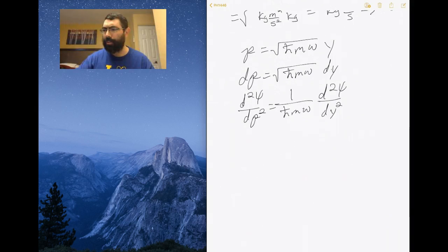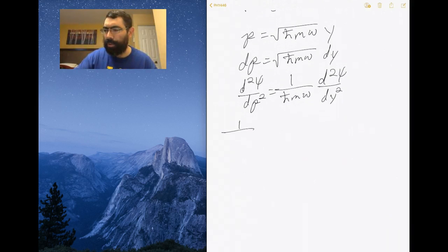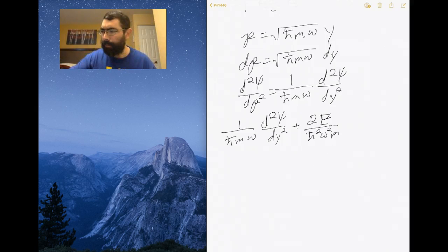Okay, so now let's put that into Schrodinger's equation. I get 1 over h bar m omega, second derivative of the wave function, plus, I said it was 2 times the energy over h bar squared omega squared m, minus h bar m omega y squared over h bar m omega, that whole thing times the wave function, set equal to 0.